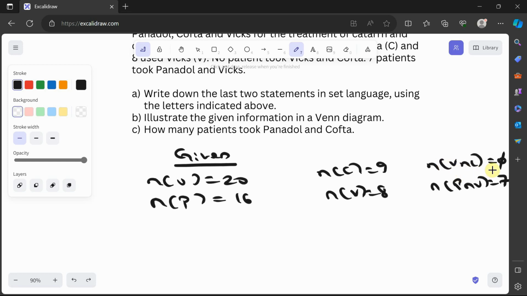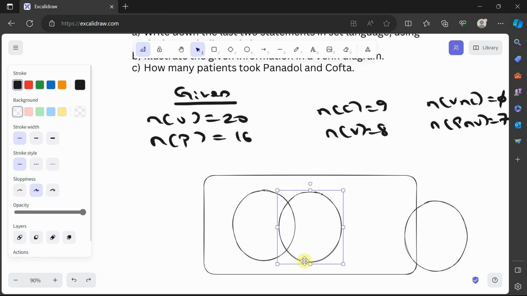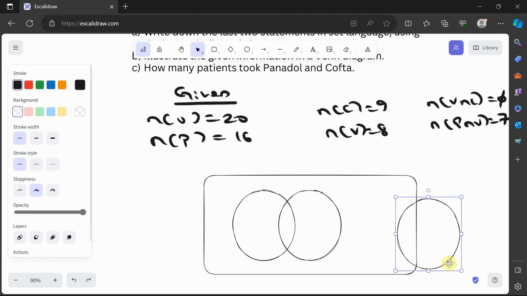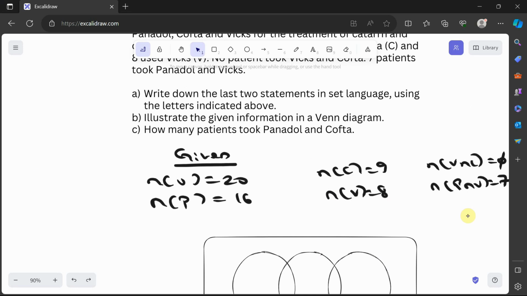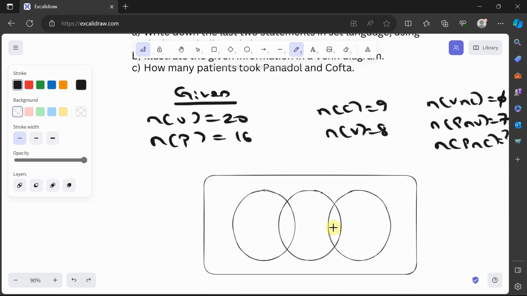There is no relationship between them. So the way we're going to arrange them will be a bit different. We'll arrange them like this, and then this would come here. Remember, the question is that we should find the number of people that took Panadol intersection Kofta. So this is what we're trying to find. There is no correlation between Vicks and Kofta.